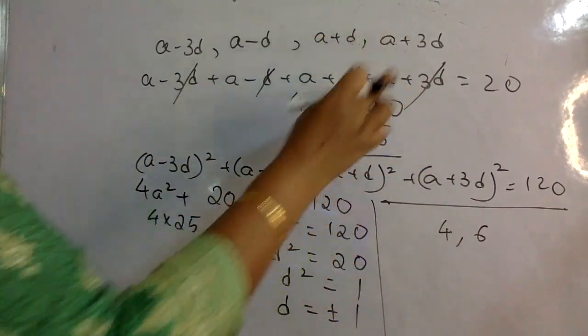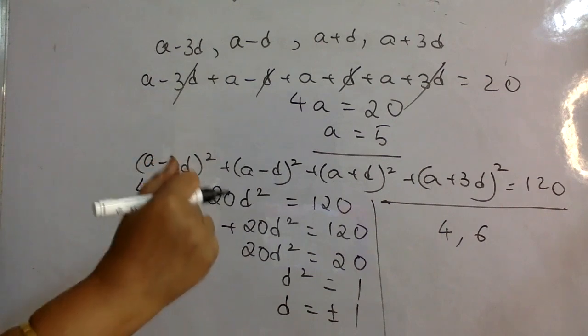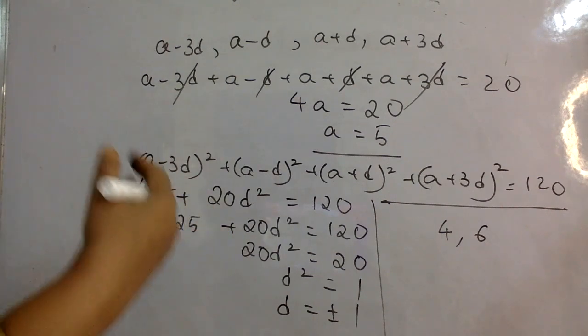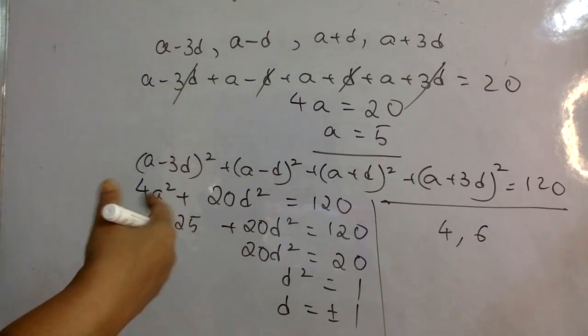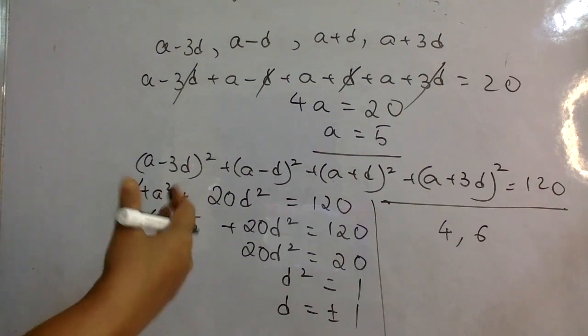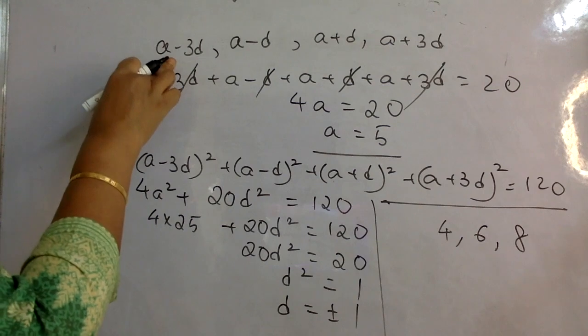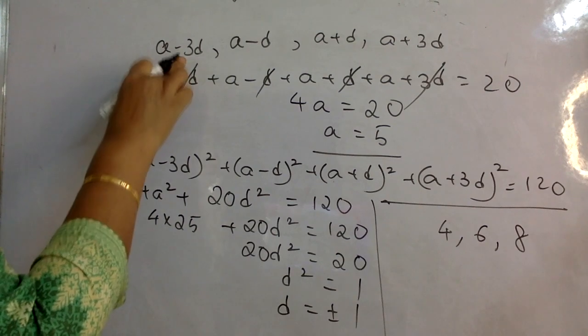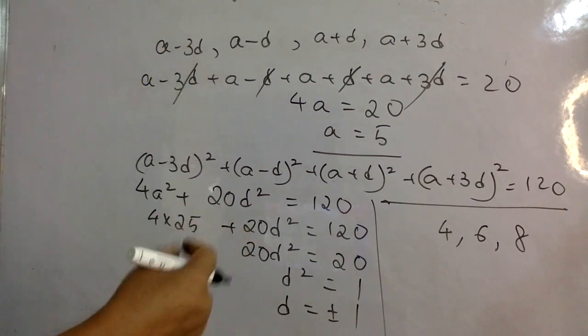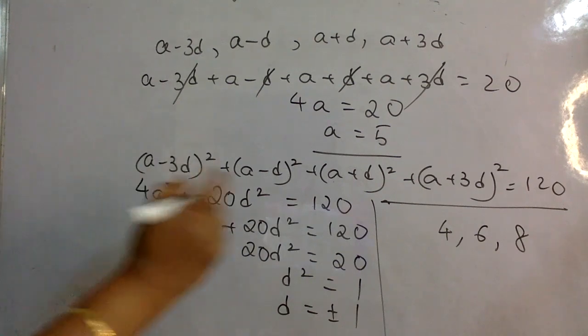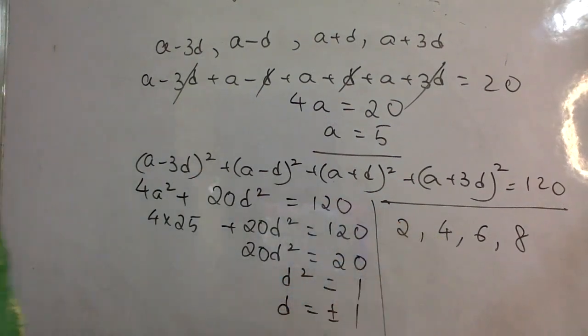Here it is A plus 3D, which is 5 plus 3 into 1, that is 8. And this is A minus 3D, that is A minus 3 into 1, which gives me 5 minus 3, which is 2. So this is my AP.